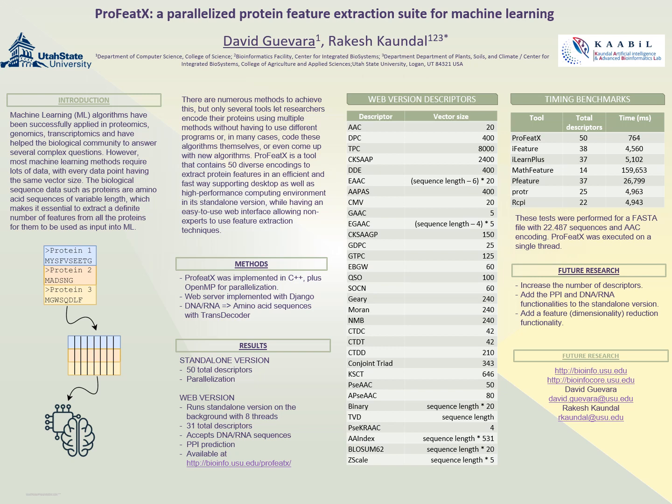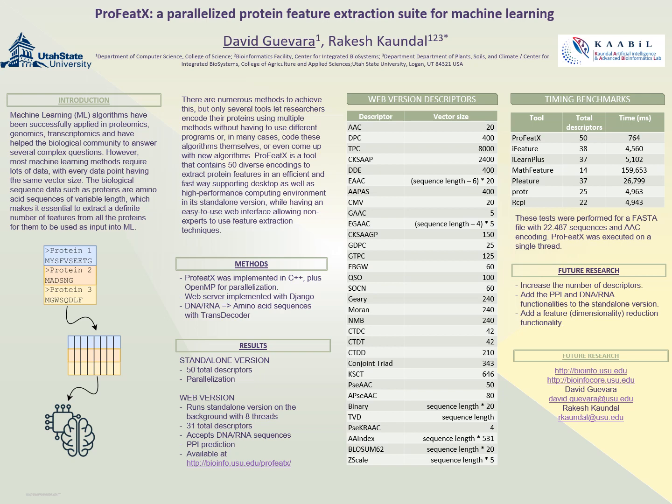So what we did was develop it in C++ with OpenMP to make good use of parallelization, since most current tools are developed in Python or R. We compiled 50 different descriptors or algorithms, which are available in the standalone version. We made a standalone version and a web version.